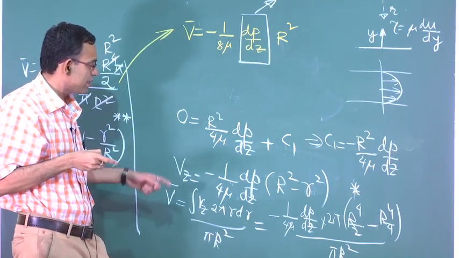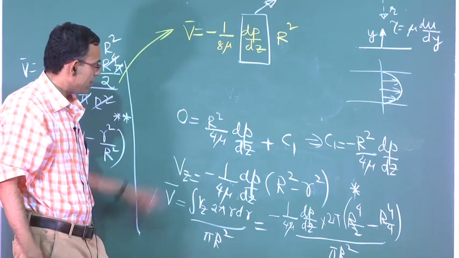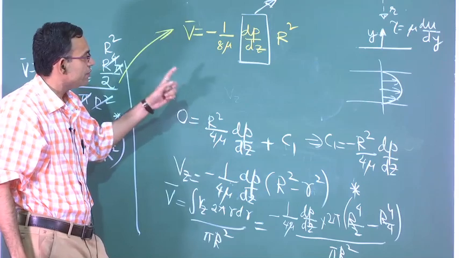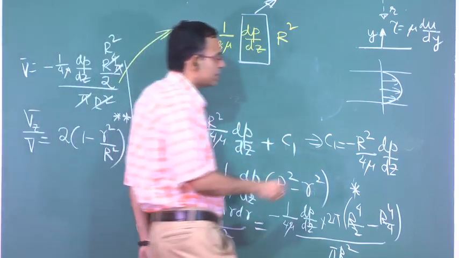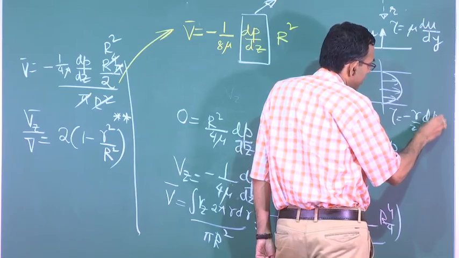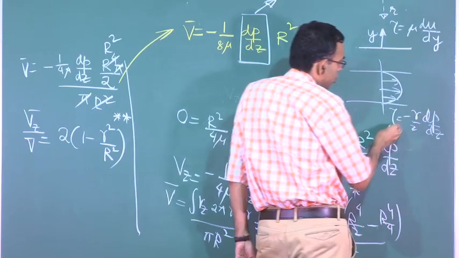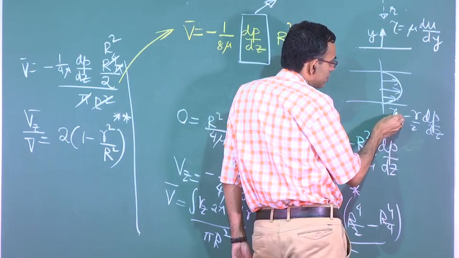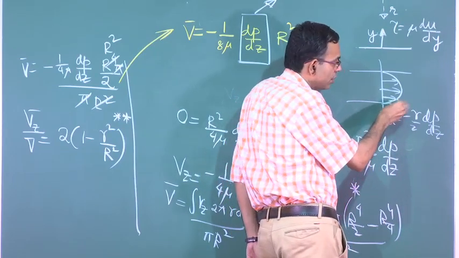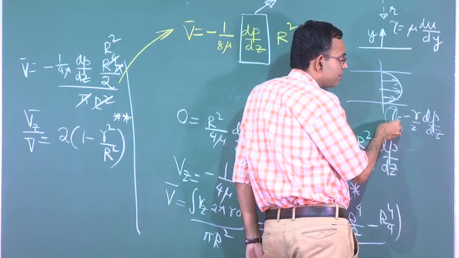You can see from this equation, I mean that equation is erased from this board, but if you look at the first equation, tau is equal to minus r by 2 dp dz, I am writing this again. So, tau is a function of r only. So, tau by r is a function of r only.